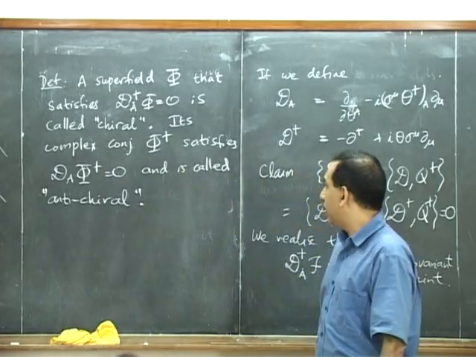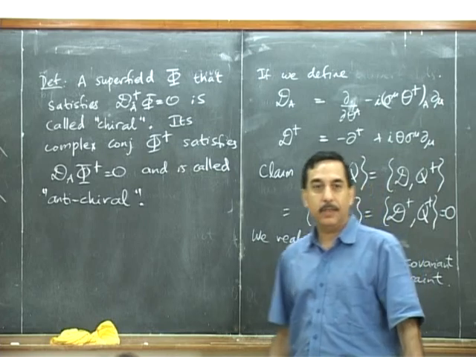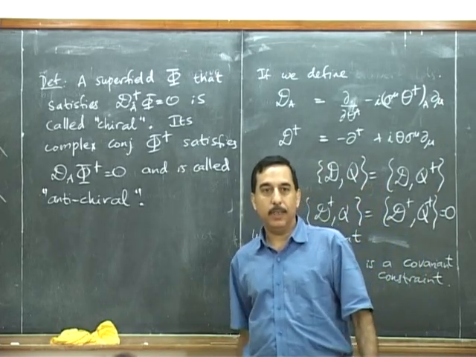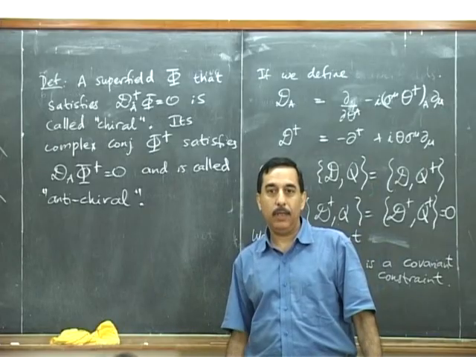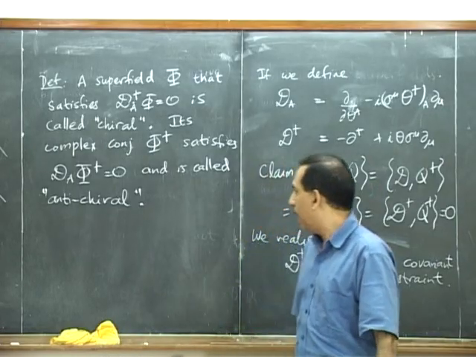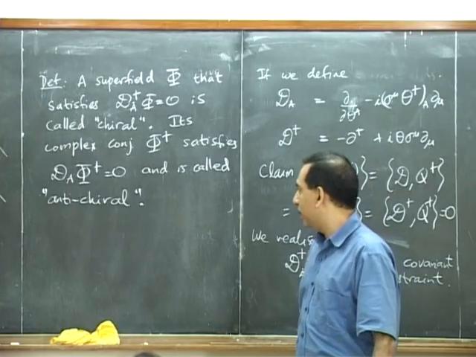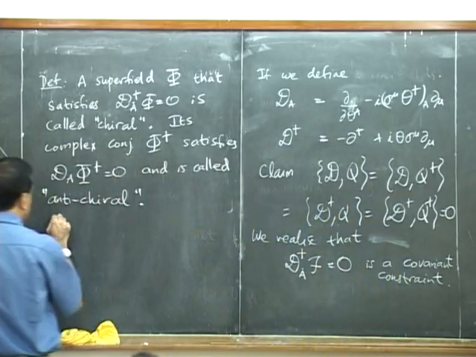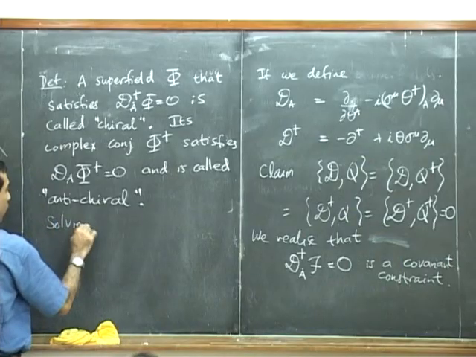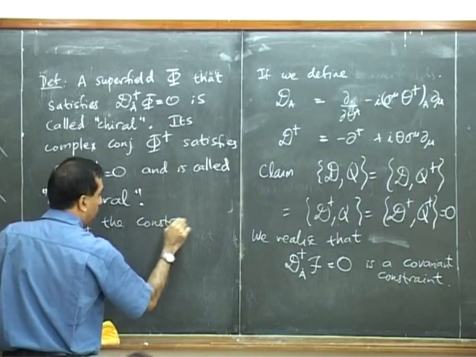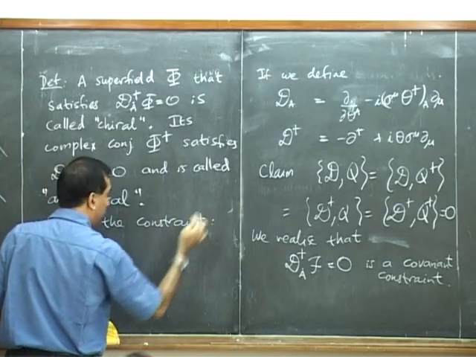Okay. Now the next question is, how do we solve this constraint? Namely, what are the characteristics of a field which is constrained by this? We need to solve the constraint, and that is actually rendered very simple by one observation.